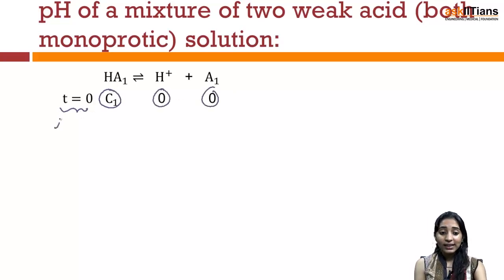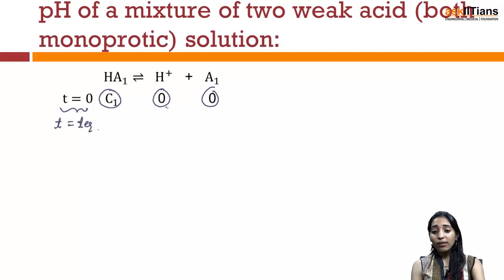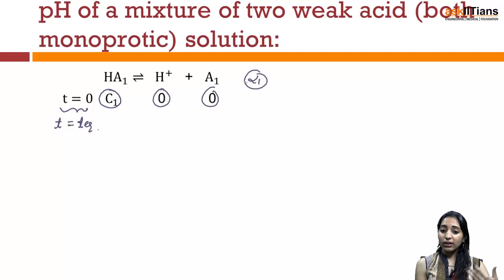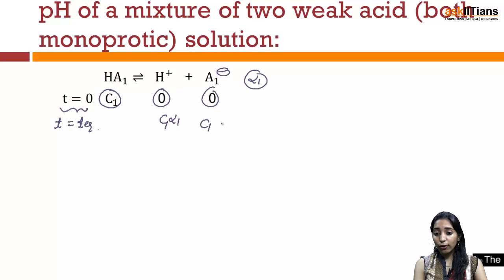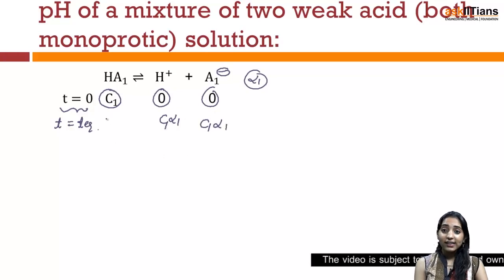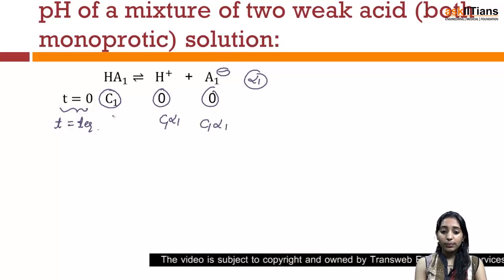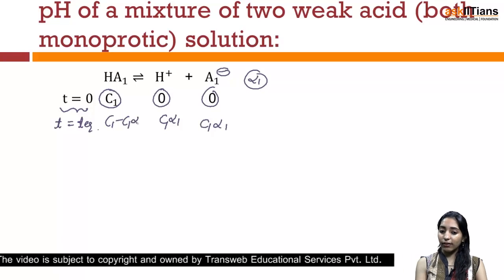Now, at equilibrium, if alpha 1 is the degree of dissociation of this weak acid HA1, the amount of H positive will be C1 alpha 1, the amount of A1 minus will be C1 alpha 1, and the left out amount of HA1 will be C1 minus C1 alpha 1.